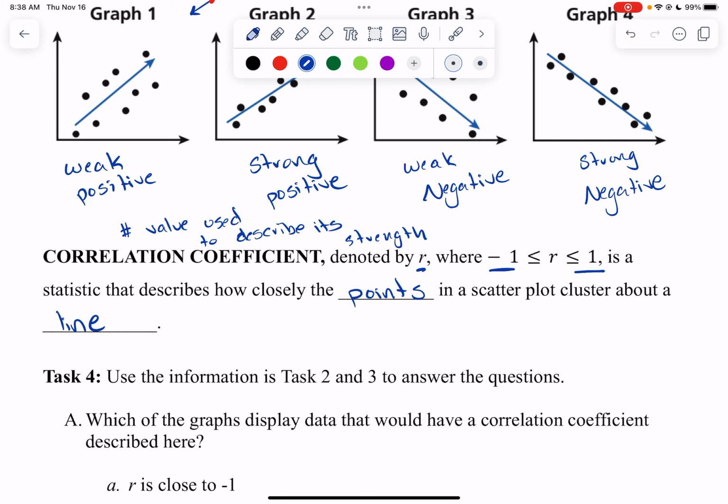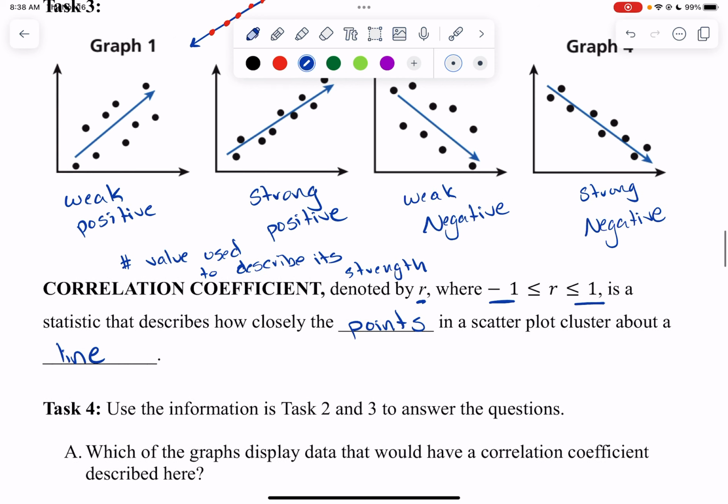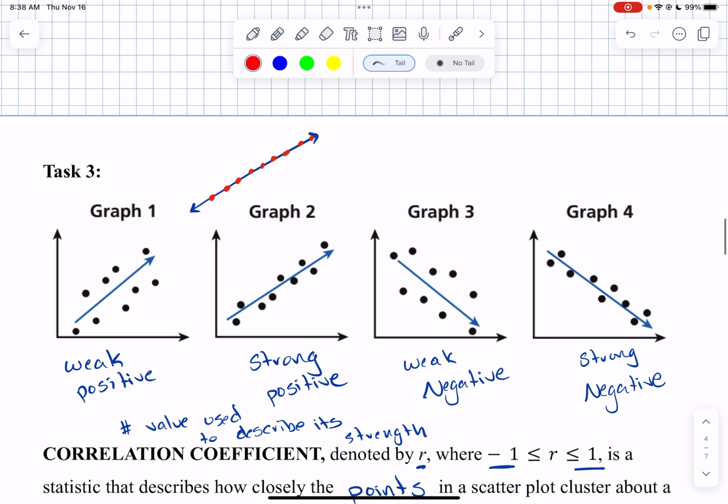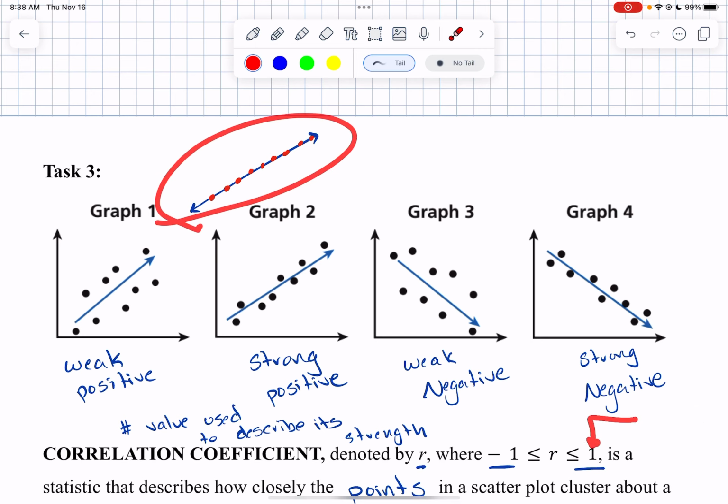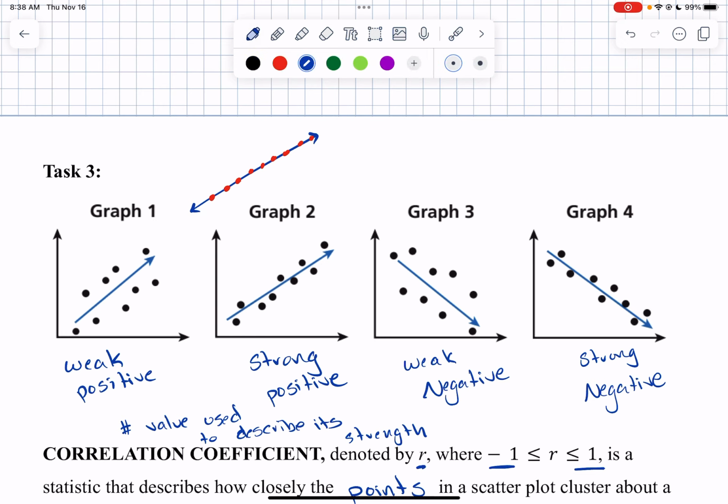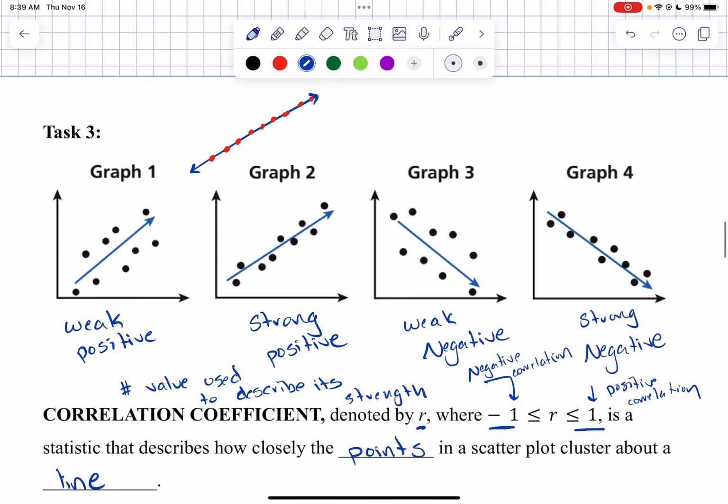Okay. So if my correlation coefficient is exactly 1, I'm going to have something like this. The positive 1 tells me it's positive correlation. The negative 1 is going to be negative correlation. So it gives you that direction. And the closer it is to 1, the better the fit, the closer the points are to the line.